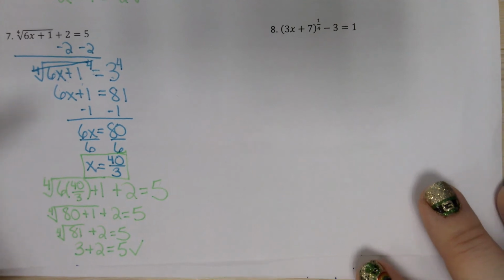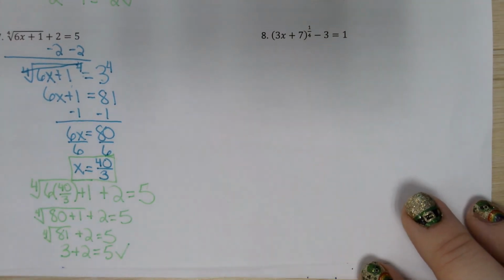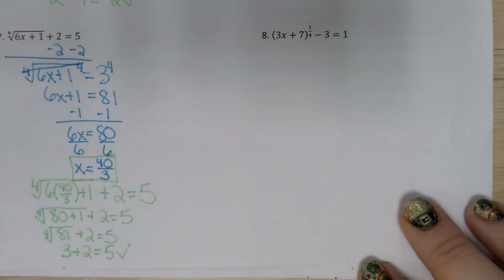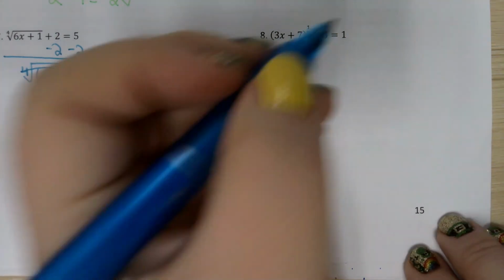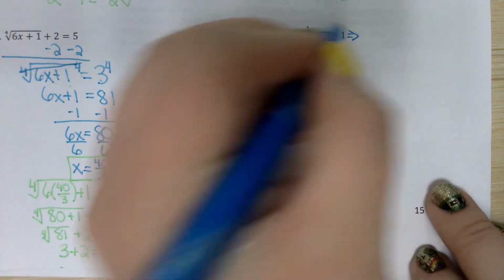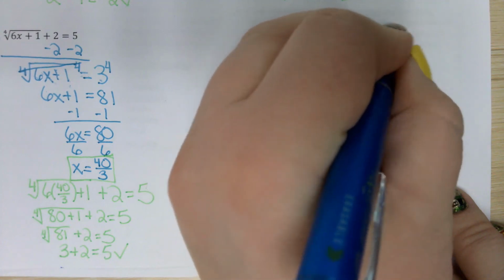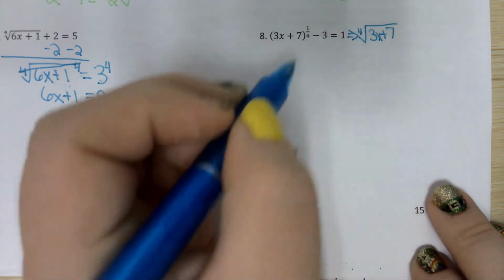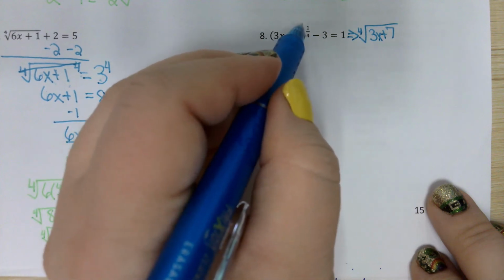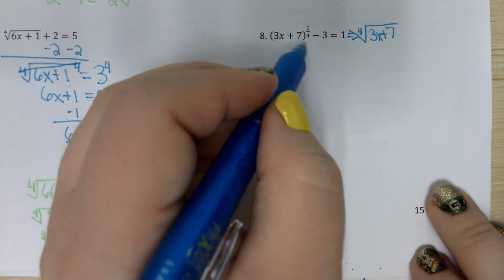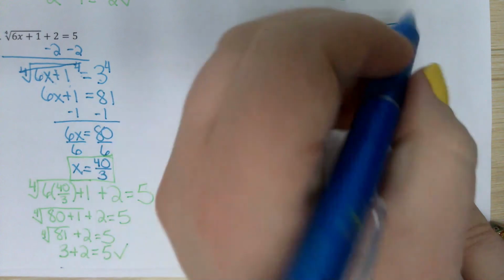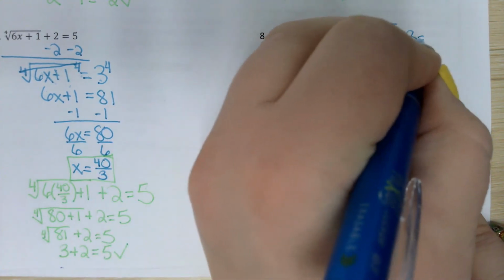Number 8. Again, you can change this into radical form if that makes you more comfortable. So we'll have fourth root, because the exponent will be on top, the index is on the bottom, of 3x plus 7 minus 3 equals 1.